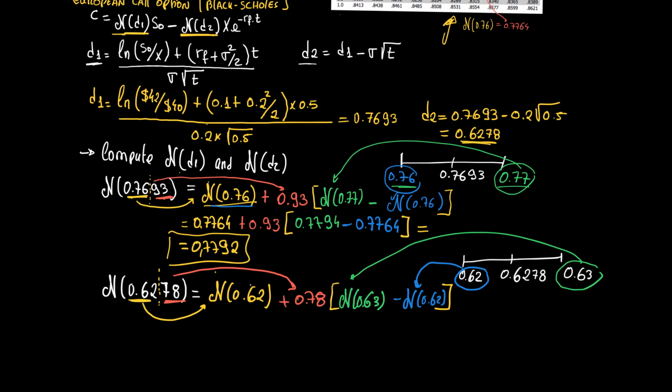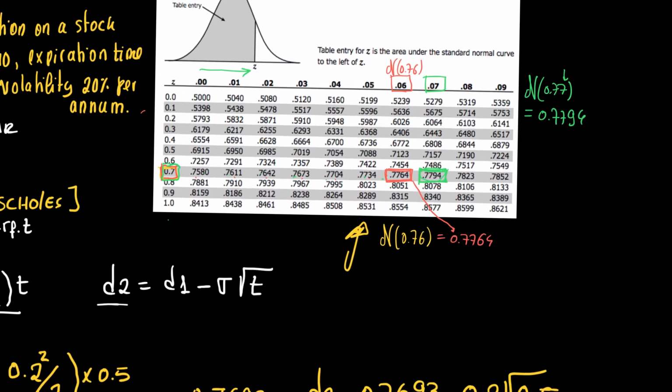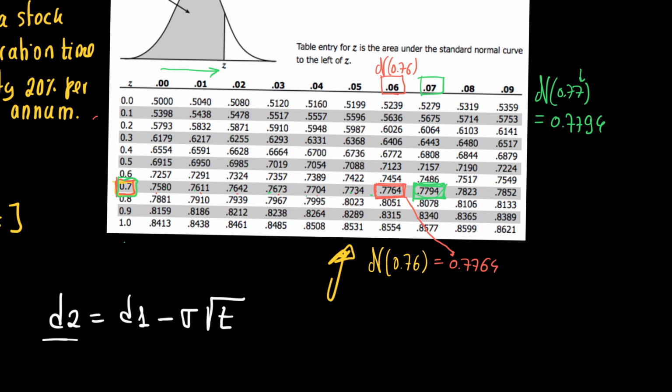And again, I need to go to the table and check what are the values of these numbers. So n of 0.62. So again, I go to the table and I find out that 0.6 is here. So 0.60, 61, 62. Okay.